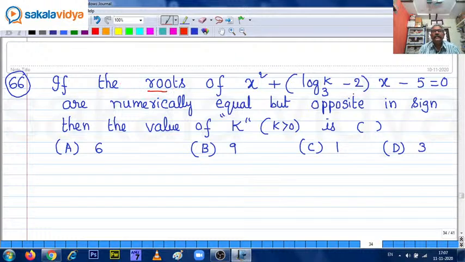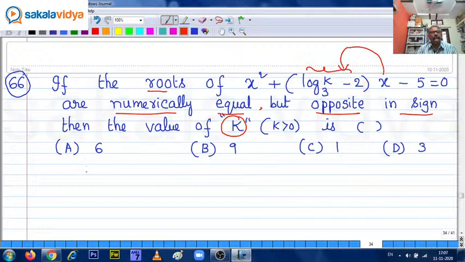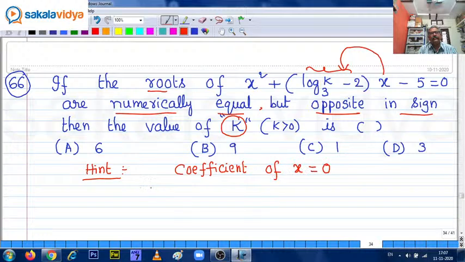See, the roots of this quadratic equation are numerically equal but opposite in sign. Then the value of k we need to find out. Since roots are numerically equal but opposite in sign, the x coefficient must be 0. Hint: coefficient of x, this is a super shortcut, equals 0.